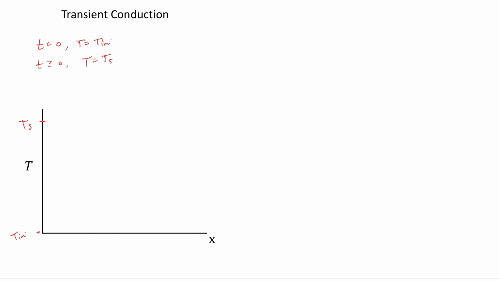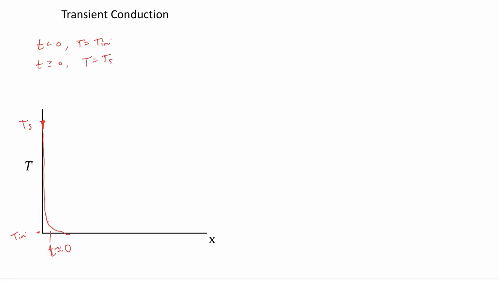Okay, so at time equals 0, right at the initial time step, when this happens, we know that there's going to be a really steep gradient. So I'll try to draw this like this. It's a really steep gradient, and this is like time approximately 0, but just slightly longer.